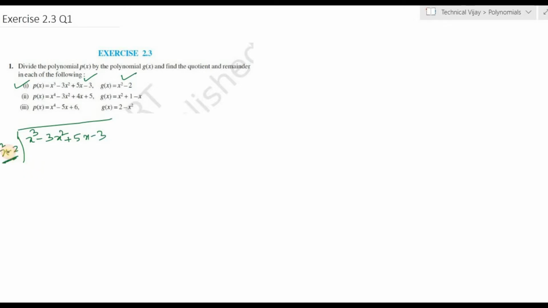The degree of this one is less and the degree of the other is more. So now we will multiply with x into this one, so that we get x cube minus 2x. Here we can write it better like this: x cube, and minus 2x we will write here.